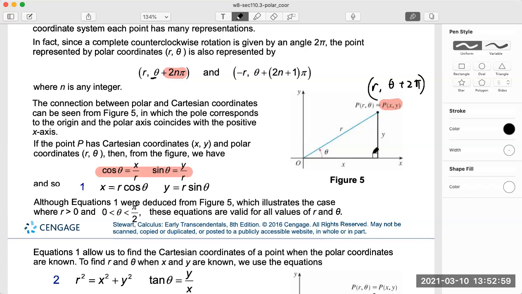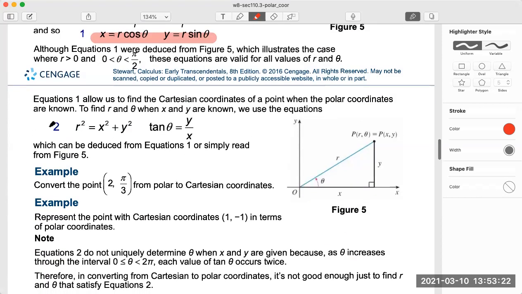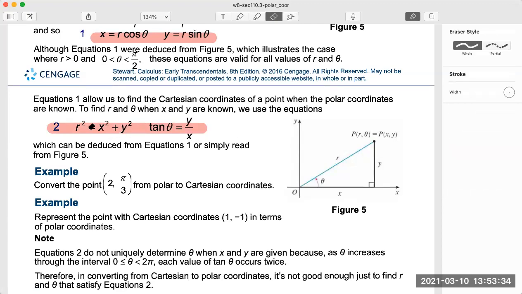Okay, provided that this angle is a right angle. Very good. Therefore, from that we have the relation that x is r cosine theta, y is r sine theta. Okay, this is just an illustration. And in general, we have this relation between the polar coordinate and Cartesian coordinate: x squared plus y squared is equal to r squared, and tangent theta will be y over x.